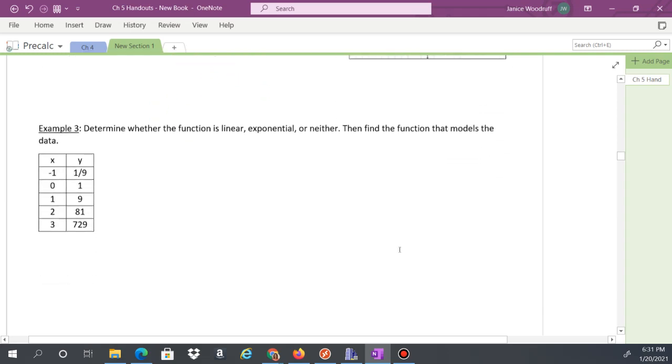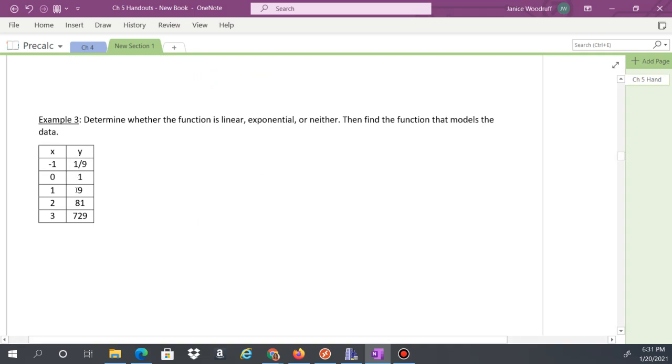So if I look at this, if you just look at what's happening with the y values, is this linear, exponential, or neither? Exponential. So this is exponential. So then you would take this model, y equals a to the x, and pick a point and plug it in. Okay, so let's say we pick this point here.